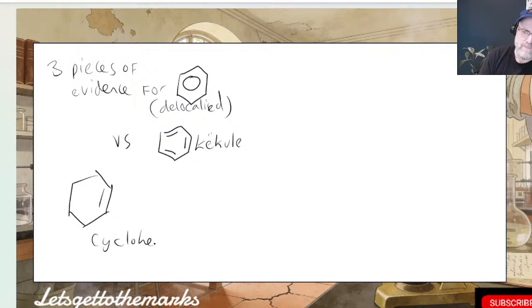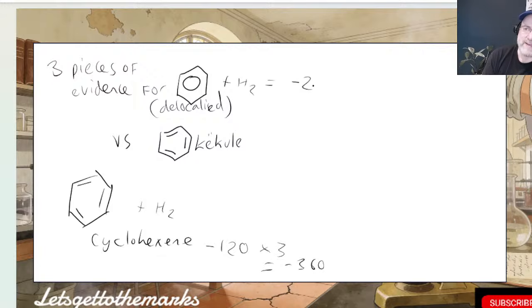If you look at cyclohexene and you add hydrogen across it, you hydrogenate it, you get minus 120 kilojoules per mole. So if you had the Kekulé structure, we would expect it to be times 3, equals minus 360. When we hydrogenate benzene, we actually find that it is less exothermic.